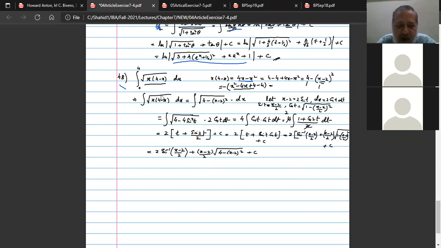So what do we get? 4 minus 4x plus x square, which is the perfect square of x minus 2. So the completing the square exercise is used here to convert x into 4 minus x to this form, which is constant minus variable part square. Since it is constant square minus variable part, the substitution will be variable part is equal to 2 sin t, and then you can follow this yourself.